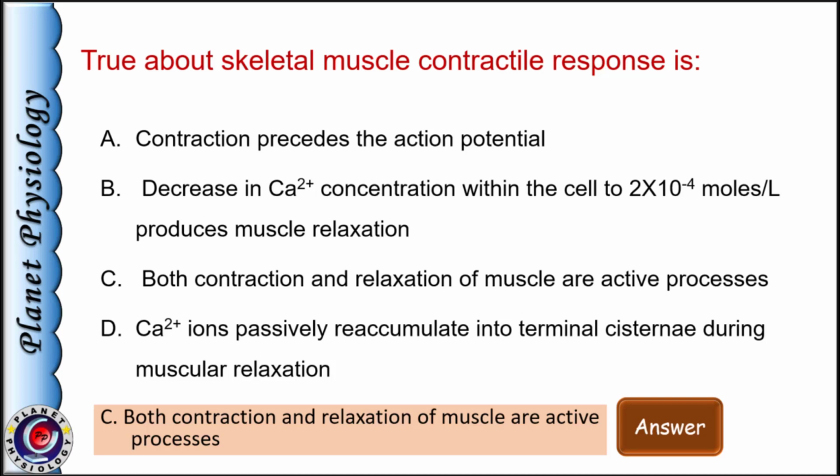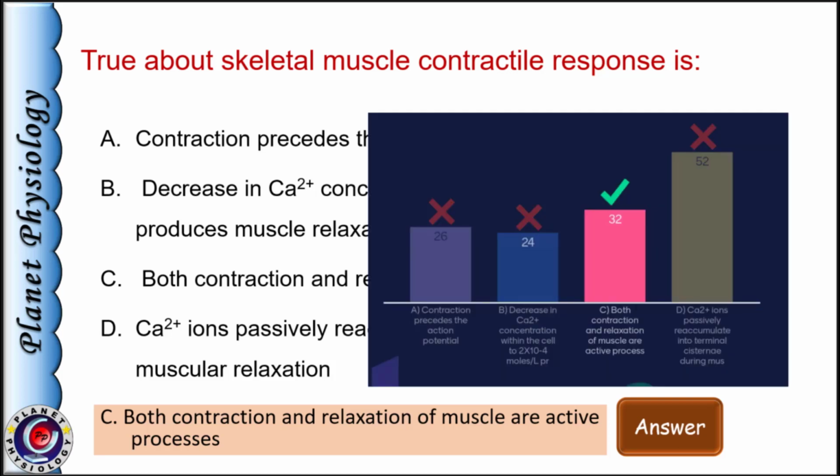Now, if you see the responses of my students, it suggests that they do not pay proper attention to this topic. Remember that action potential always precedes the contraction. That is, action potential in the muscle leads to their contraction. So, option A is false.